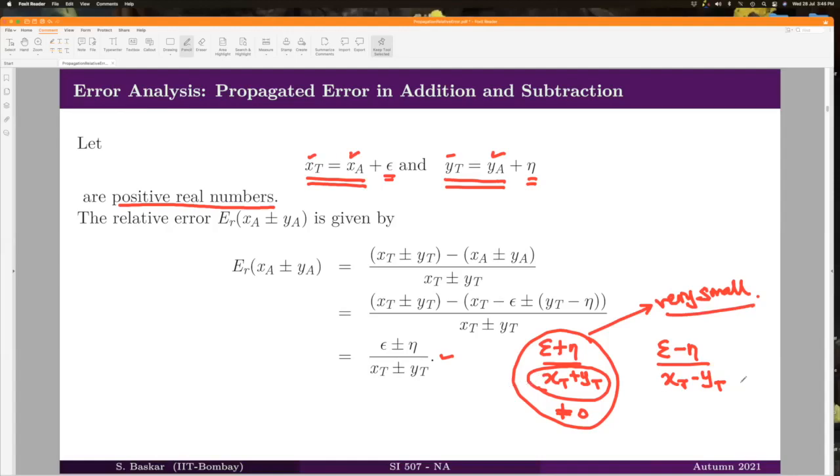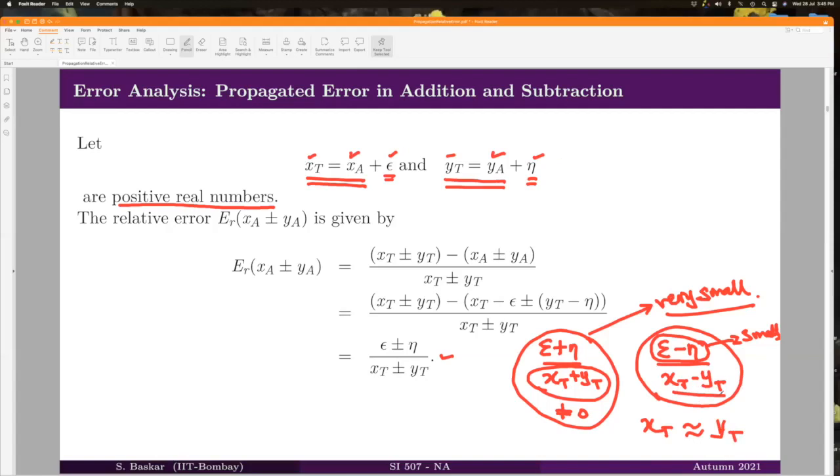Therefore, doing an addition on a computer is in general a safe operation. Now come to the relative error in the subtraction of two numbers. Again, we may be taking xa very close to xt, and therefore epsilon may be very small, and similarly eta also is very small, and that makes this number small. But if xt and yt are very close to each other, then you can see that this is a very small number.